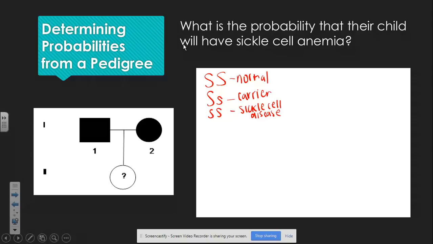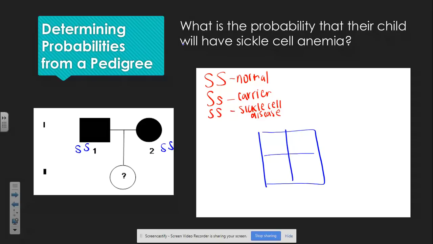So automatically, I already know what the genotype is for parents 1 and 2. They have a shaded square, so they would be little s, little s, and a shaded circle, little s, little s. So they both have sickle cell disease. When I go to do the Punnett square, you probably already know what the probability is right now of them having sickle cell.